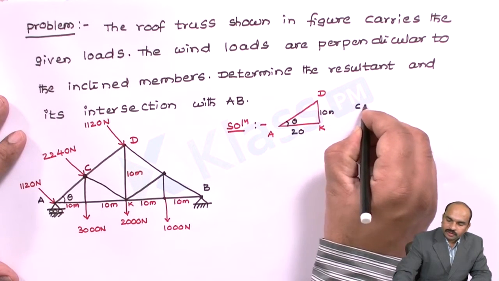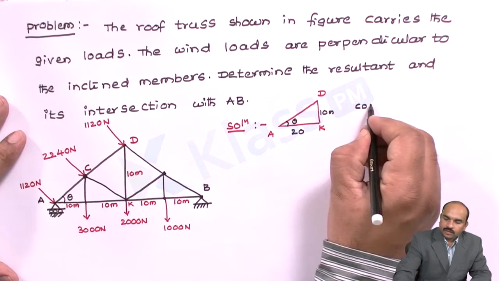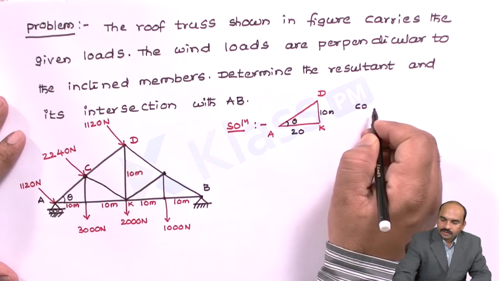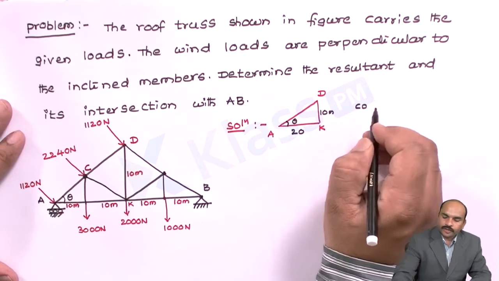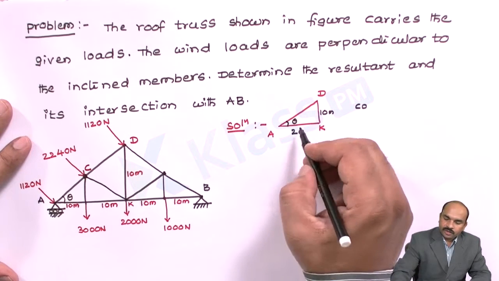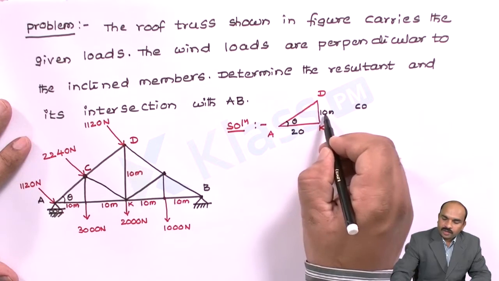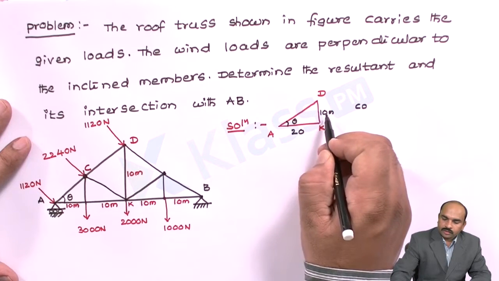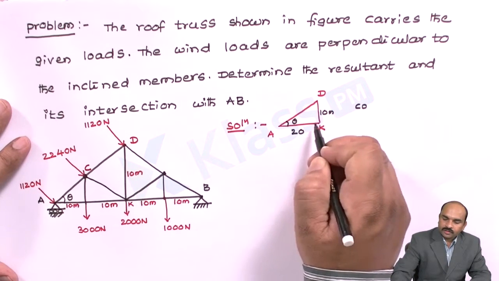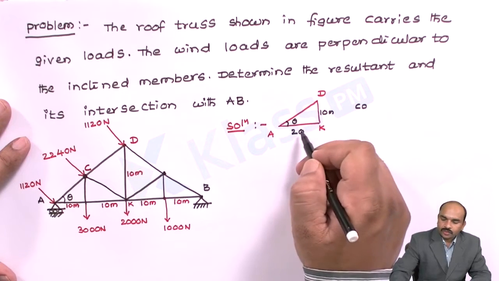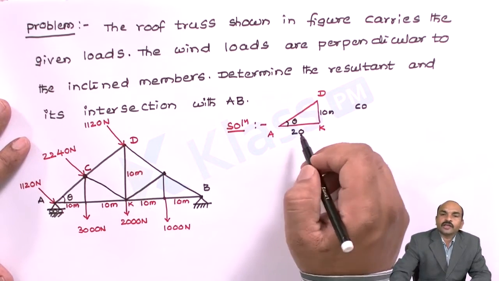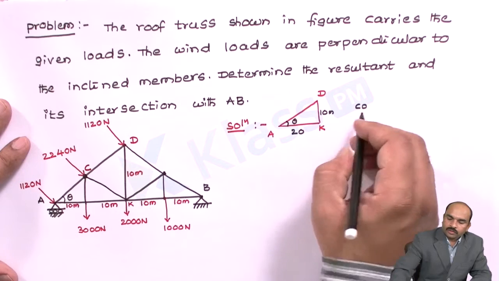So let us take cos theta, sin theta, tan theta. Which one do we have to take? Let us see. Here the adjacent is given, the opposite is given. So to calculate the angle theta, we have to take tan theta, because x and y are given.